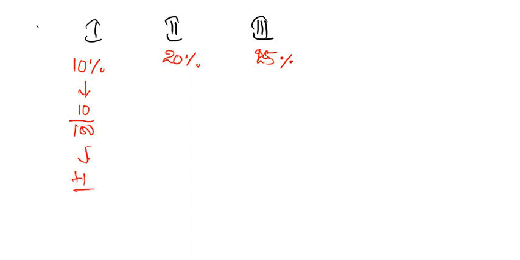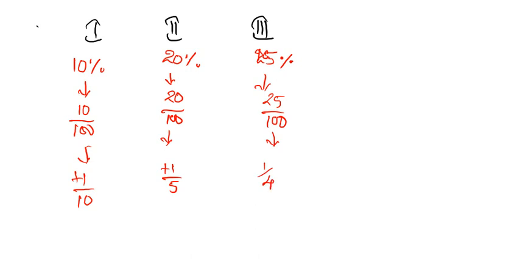The first it is incremented by 10%, next by 20%, next by 25%. 10% means 10 out of 100, nothing but 1 out of 10. 20% is 1 out of 5. 25% means 25 out of 100, nothing but 1 out of 4.